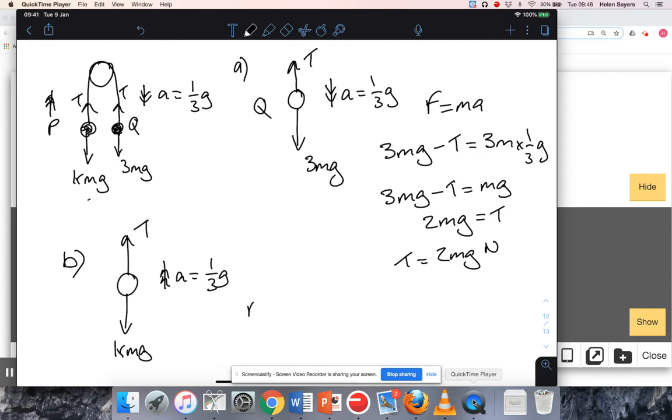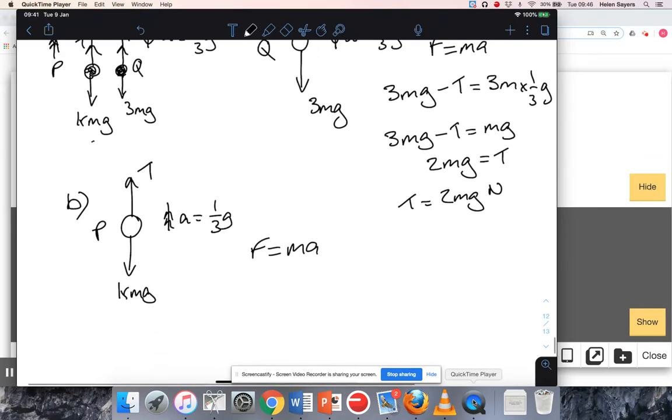So if I use F equals ma for particle P, and I'll take up as positive because it's moving up, then T minus kmg is its mass, which is km, times its acceleration, which is 1/3 g. And the other thing I know is that the tension is the same.